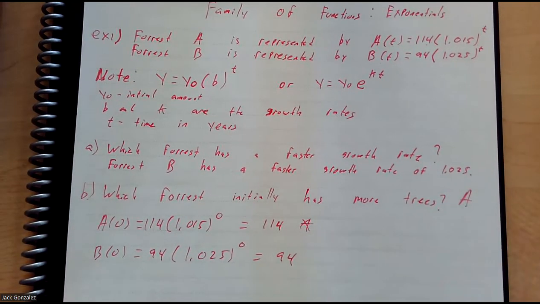A has more initial trees, although we should see over time, B will have more because it has a faster growth rate. I don't know how long it's going to take, but eventually it'll overtake A.